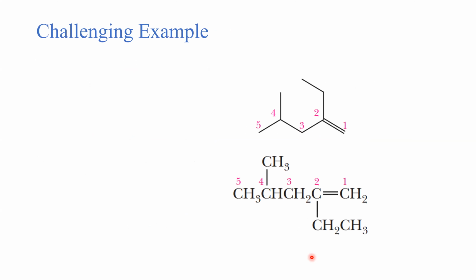Now there is a challenging example, just to elaborate, in case you are confused about what kind of longest chain you have to select. So here, if I go through this, 1, 2, 3, 4, 5, 6, right? This is a 6-member longest chain.